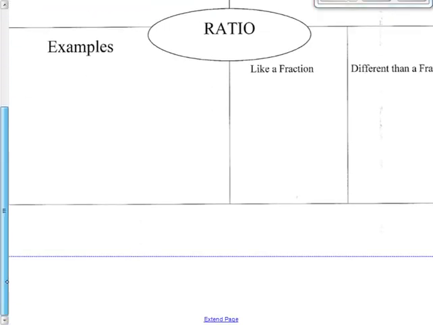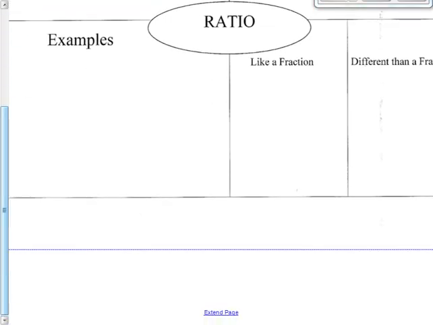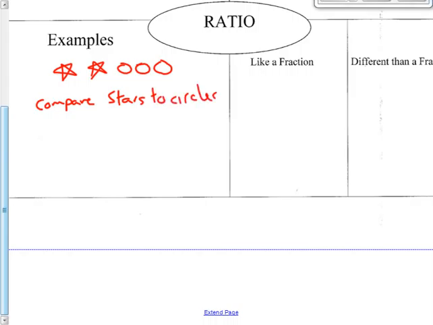A couple examples. Let's say that we had some stars and circles. If I were comparing stars to circles, I would say that it would be 2 to 3.